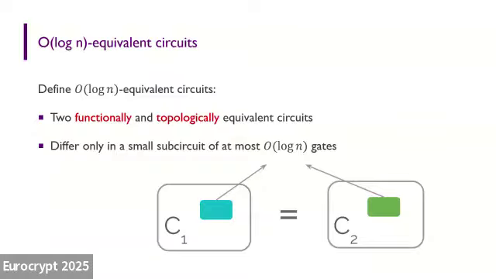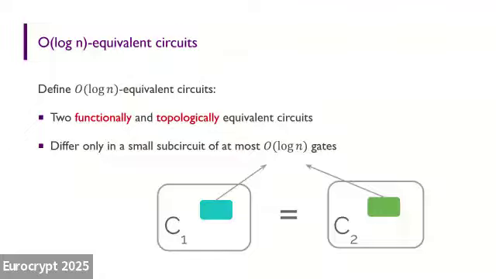We then define the notion of O-log equivalent circuits. Two functionally and topologically equivalent circuits are considered O-log equivalent if they only differ by a small subcircuit of O-log size. Here, topological equivalence means that if we ignore the functionality of each individual gate and only concern ourselves with the connections between the wires, we can obtain two identical circuits.